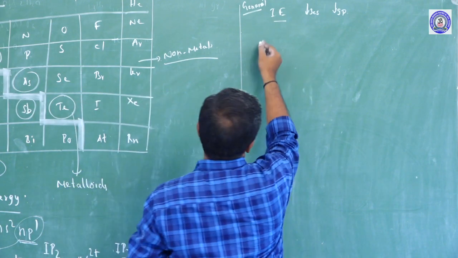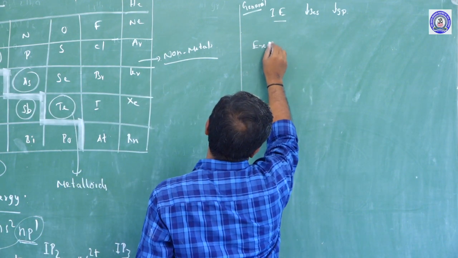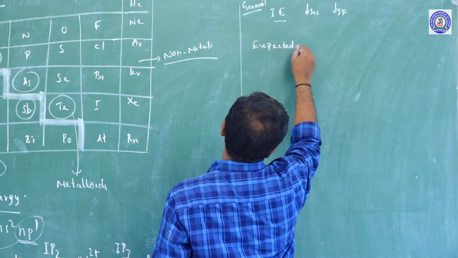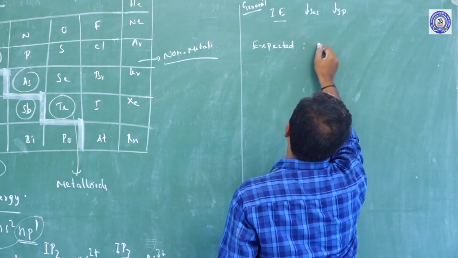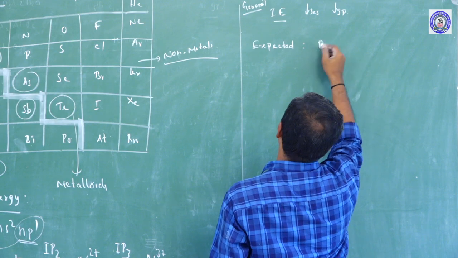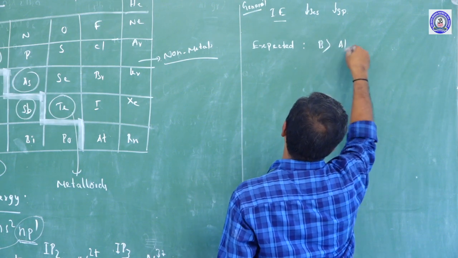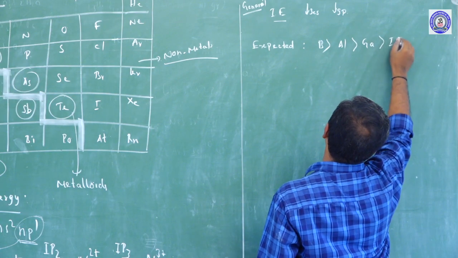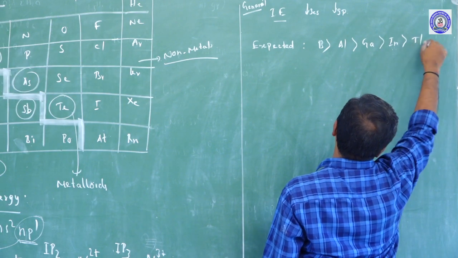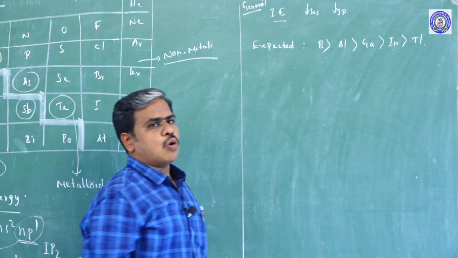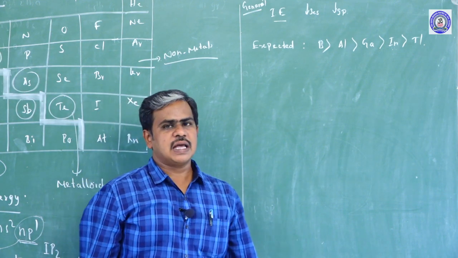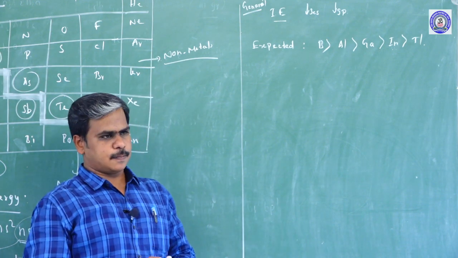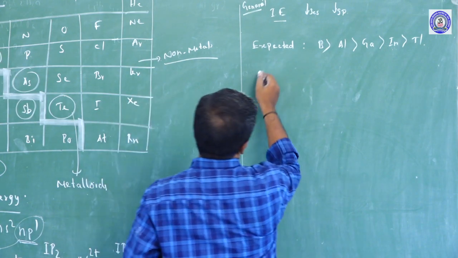So what is the expected order? The expected order is that boron has the highest ionization energy, then aluminum, gallium, indium, thallium. Boron, aluminum, gallium, indium, thallium is the expected order. But there is a variation.